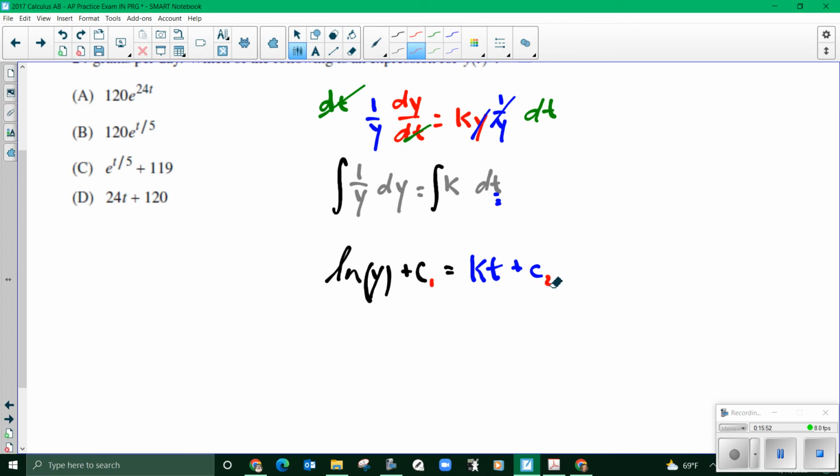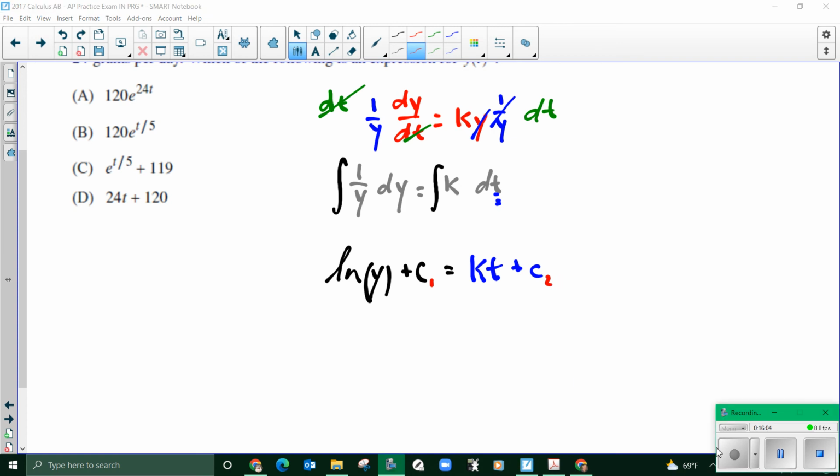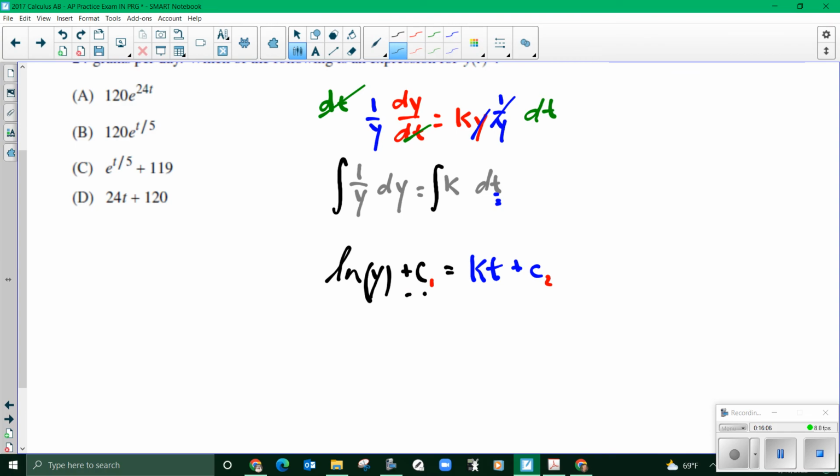Now, I want to get my y alone. So the first thing I'm going to do is get rid of the c on the left-hand side. So I subtract C1, subtract C1. And I've got the ln of y equals kt plus c.